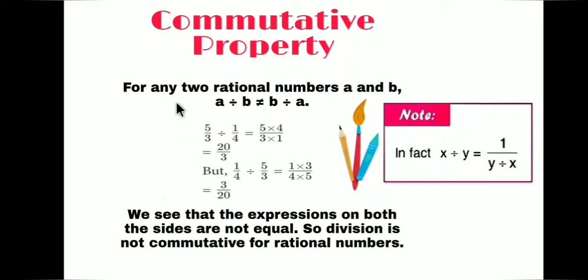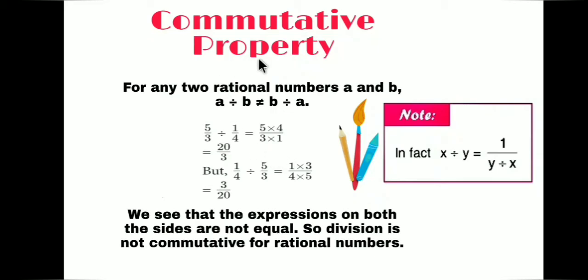So for any two rational numbers a and b, a divided by b is not equal to b divided by a. But in fact, if there are two rational numbers x and y, then x divided by y is equal to 1 upon y divided by x.